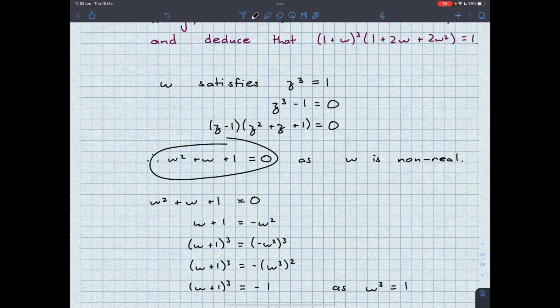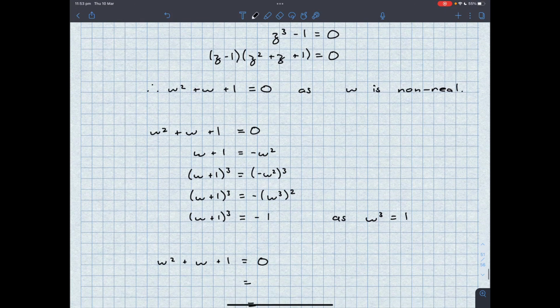Okay, now I'm going to start with this expression. I'm going to try and turn it into 1 plus 2w plus 2w squared. And I think the easiest way to do that is going to be to just chuck some 2's in there. So I'm doubling both sides of that equation.